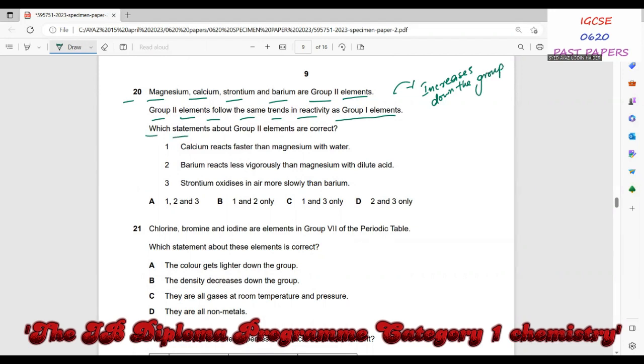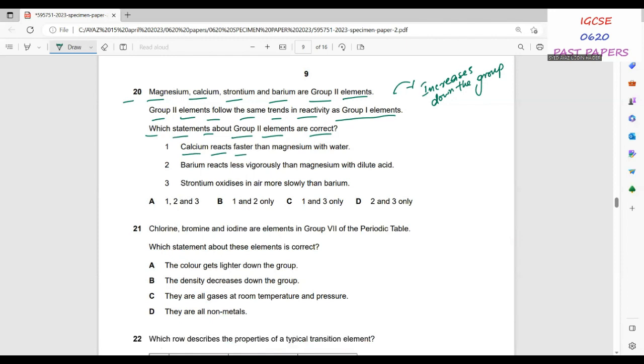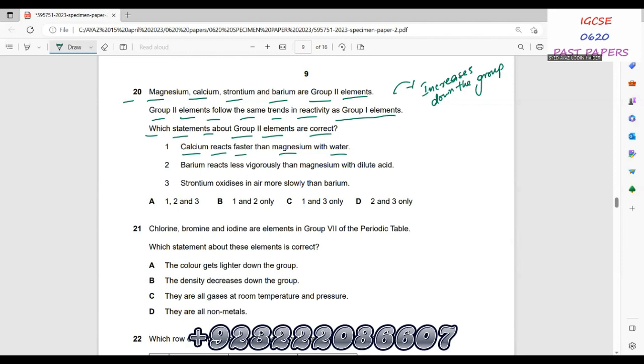Which statements about group 2 elements are correct? Number 1, calcium reacts faster than magnesium with water. Calcium is below magnesium, so it must react faster with water as compared to magnesium.